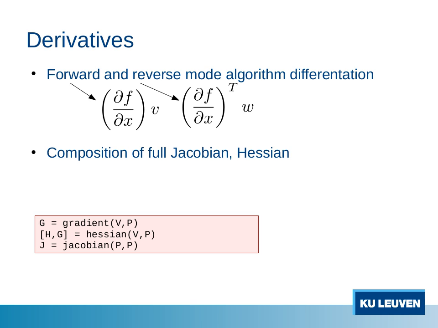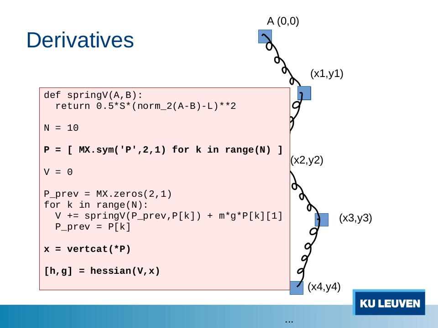So in CasADi, when we have the v expression for the potential energy and p for decision variables, we can just call the gradient, Hessian or Jacobian function, and in the background AD is used to compose full expressions for these. Suppose we make our physical problem a bit more complex, with many points.